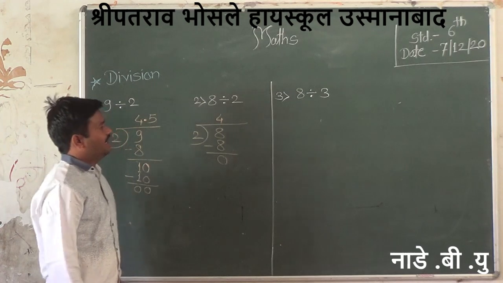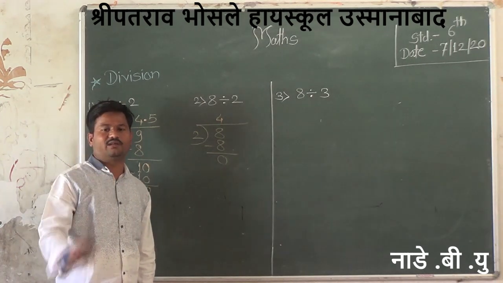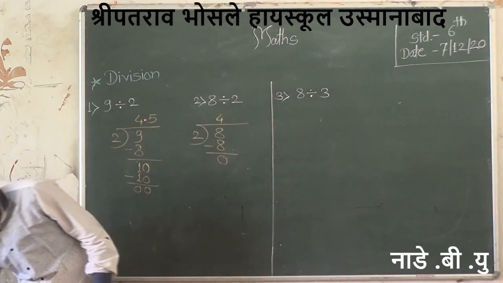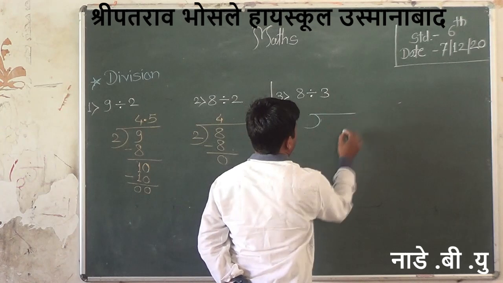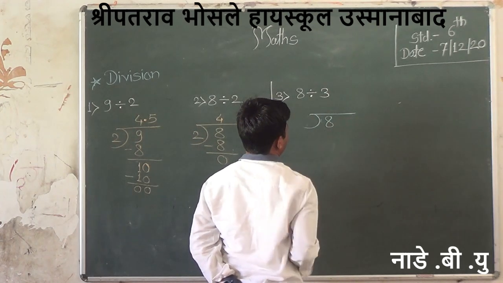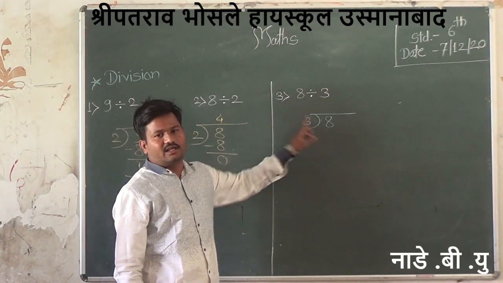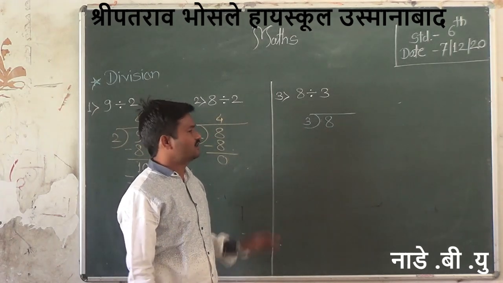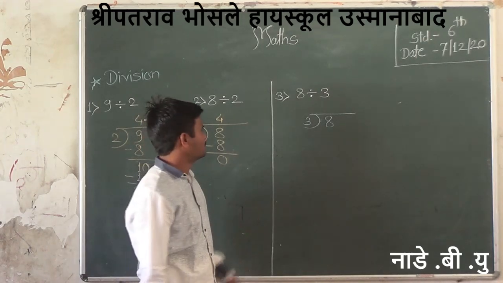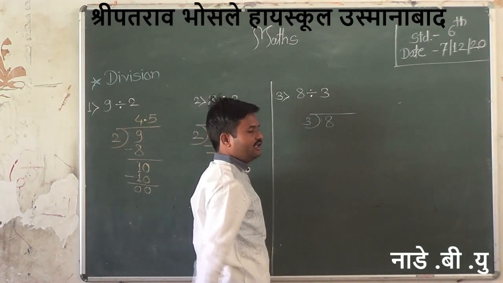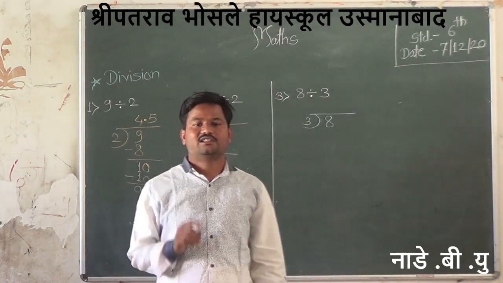The third example of division is 8 divided by 3. 8 is not in the table of 3. Hence we take the smaller number than 8.